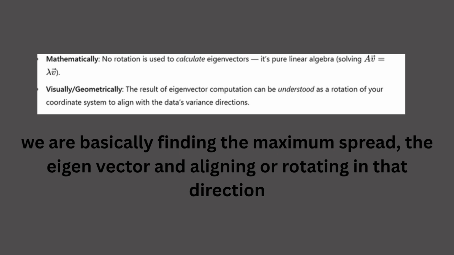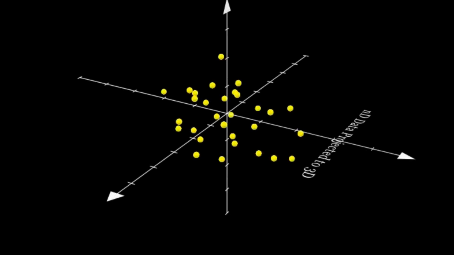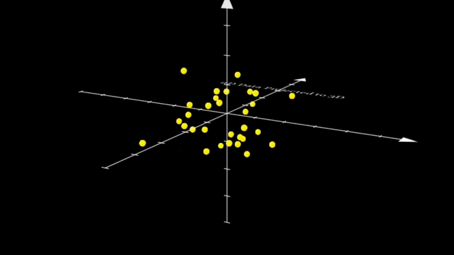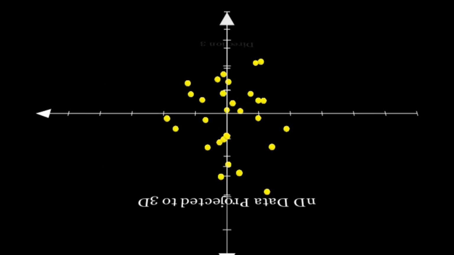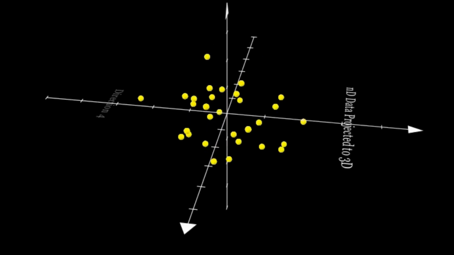That's basically the eigenvector, which tells in which direction you should rotate the n-dimensional data points. Because not in all angles is the data spread longer. In certain directions the data spread is longer, and we need to figure out that direction. That is going to be PCA. So in which direction you should rotate, that is exactly the eigenvector.